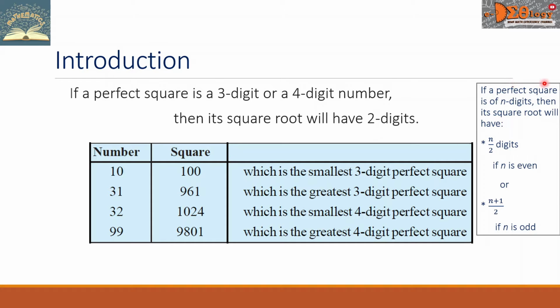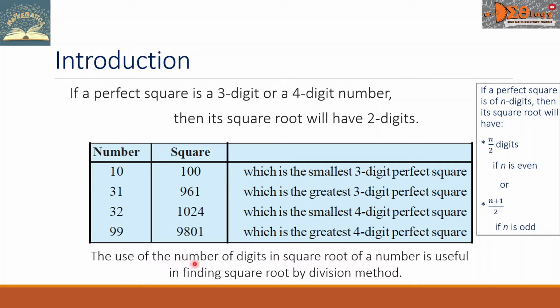If a perfect square is of n digits, then each square root will have n over 2 digits if n is even, or (n plus 1) over 2 if n is odd. The use of the number of digits in square root of a number is useful in finding square root by division.